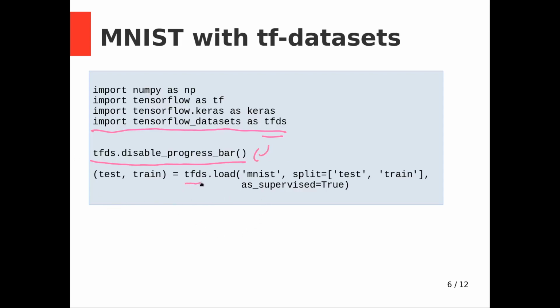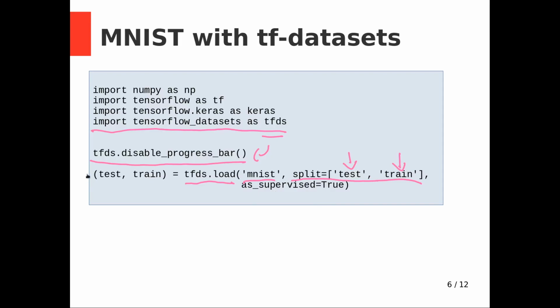Then we just call tfds.load with the name MNIST. Many of these data sets contain different splits. I think MNIST only contains these two, but I'm not sure. We are going to specifically tell it which of the two splits we want. We want the test set and the training set.